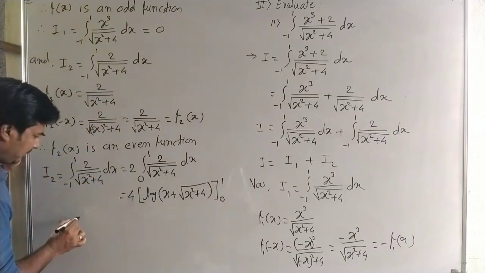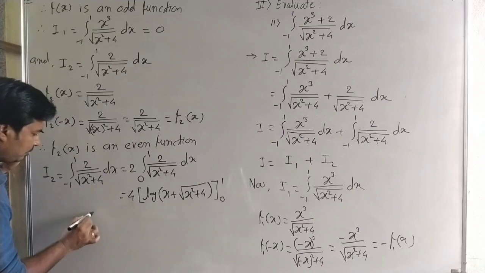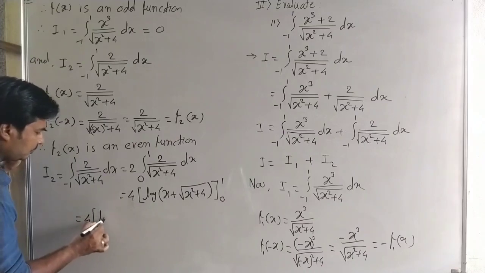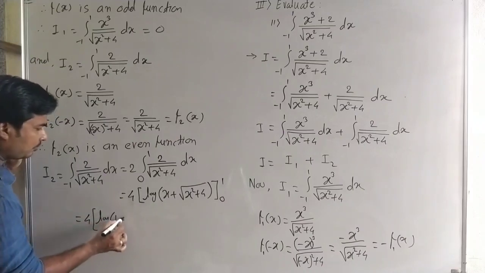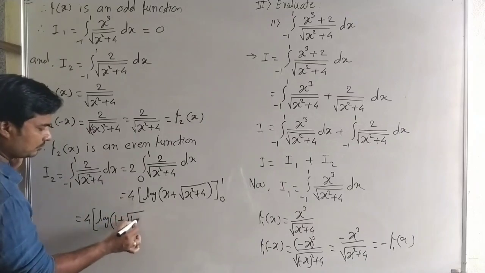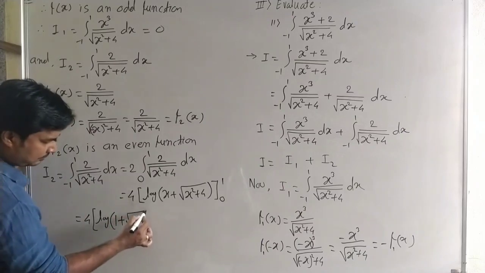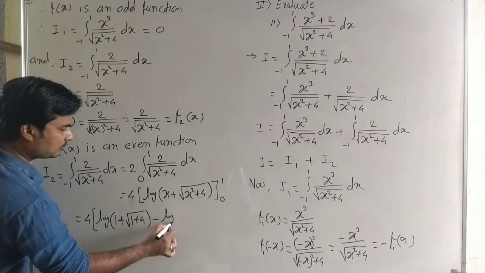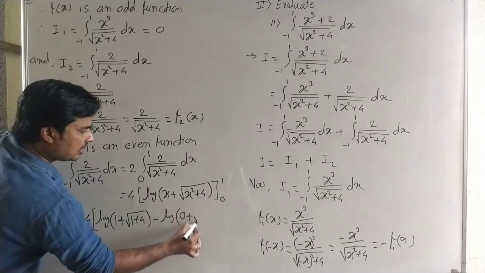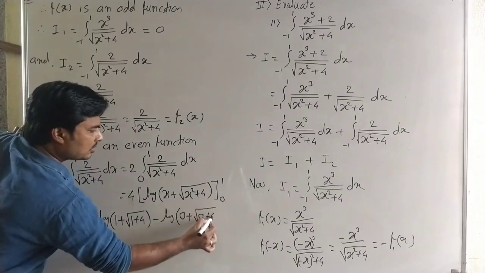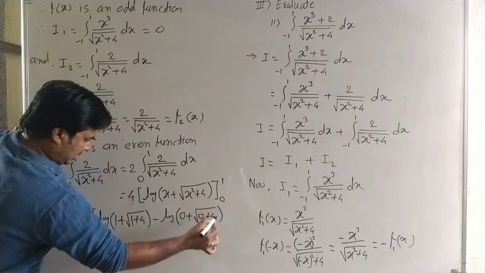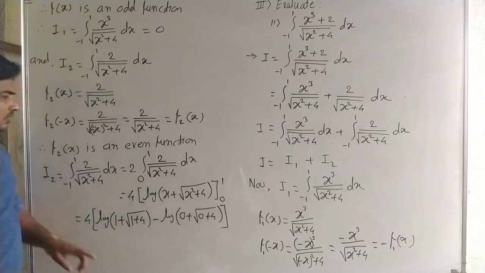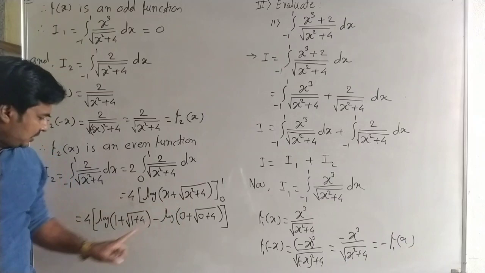Now here it is upper limit minus lower limit, therefore it is 4 into log of 1 plus under root of 1 plus 4 minus log of 0 plus under root of 0 plus 4, upper limit minus lower limit. First we take 1 and then 0.